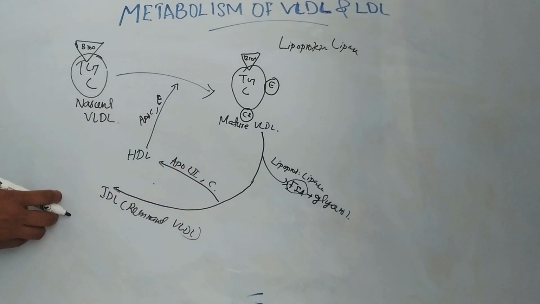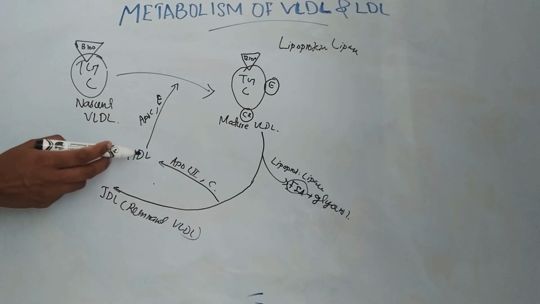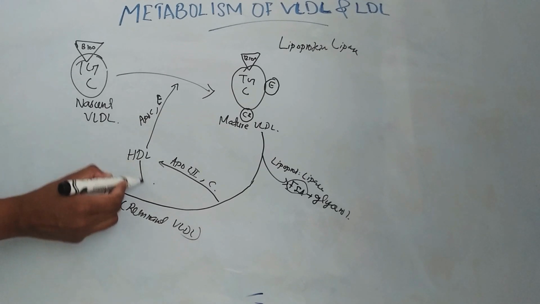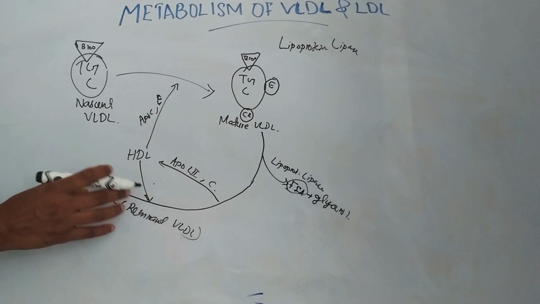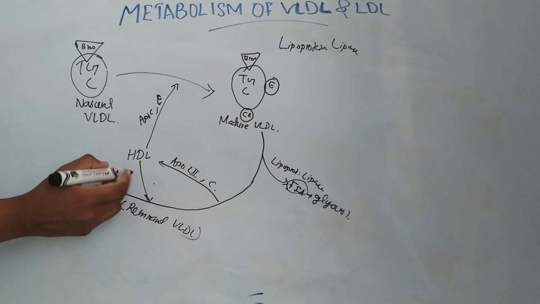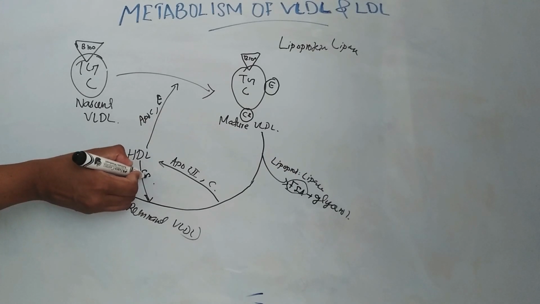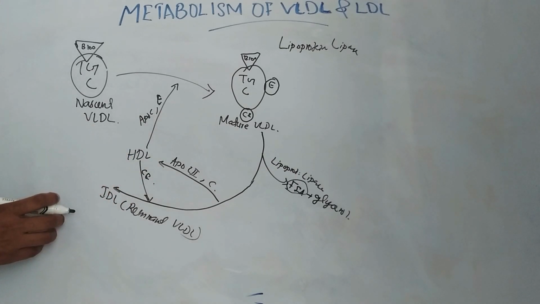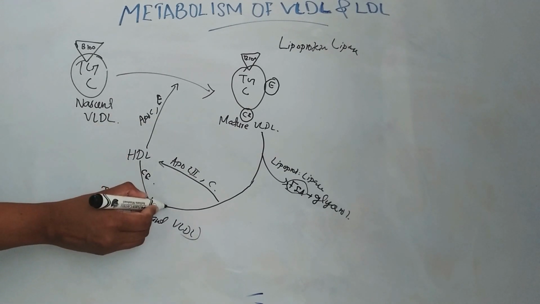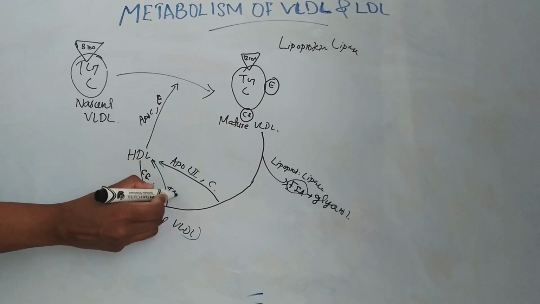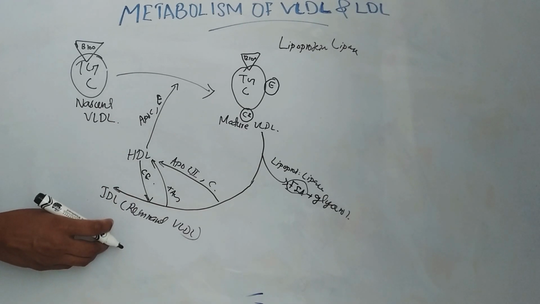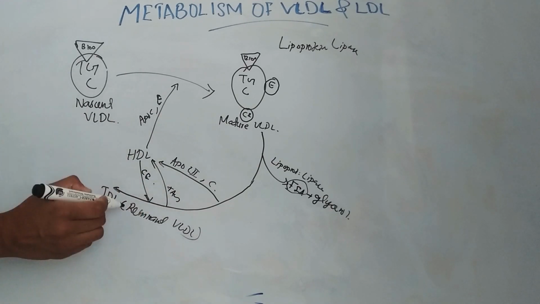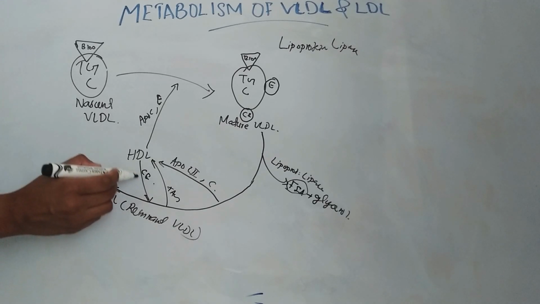Then the cholesterol which is transferred back to HDL is transferred again back to IDL as cholesterol esters. So there is esterification. In place of triacylglycerol from IDL to HDL, from HDL to IDL there is cholesterol ester.